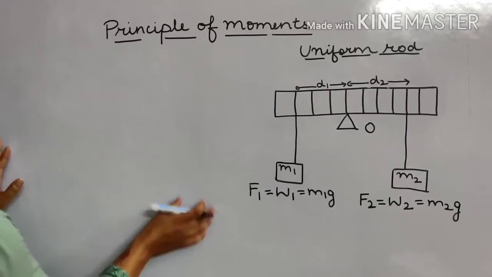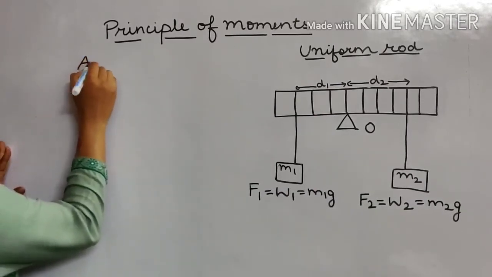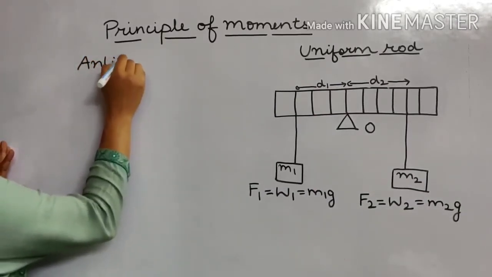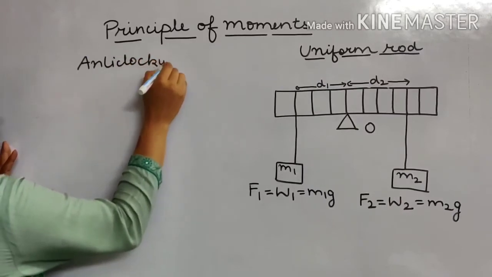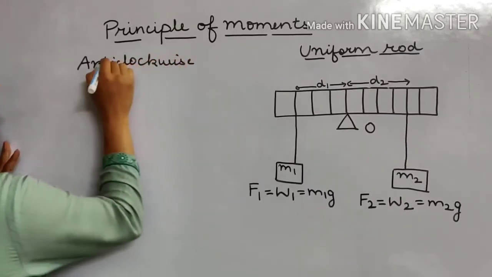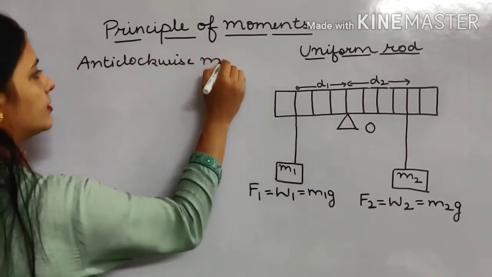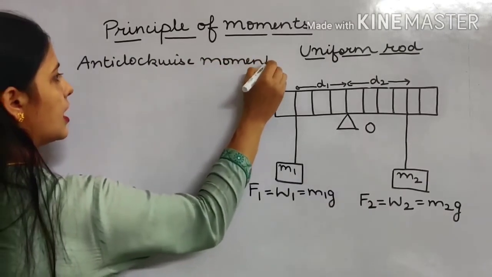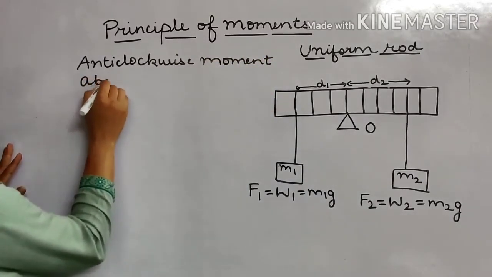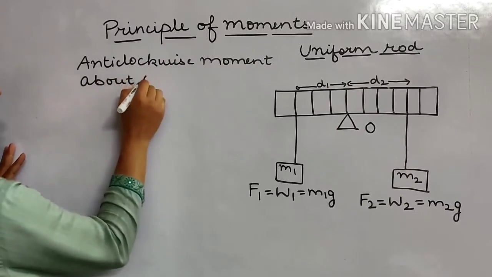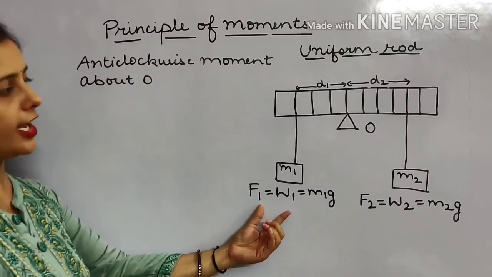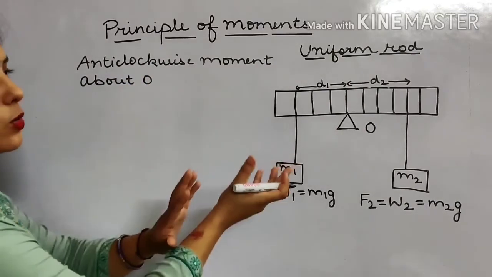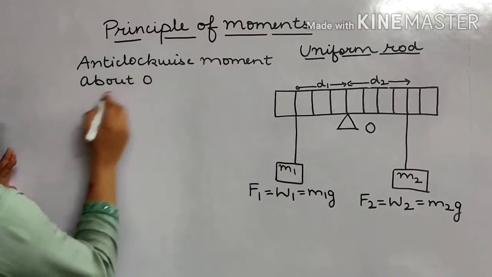Now you can write the anti-clockwise moment about O. That means this weight is moving in the anti-clockwise direction. What is the torque?